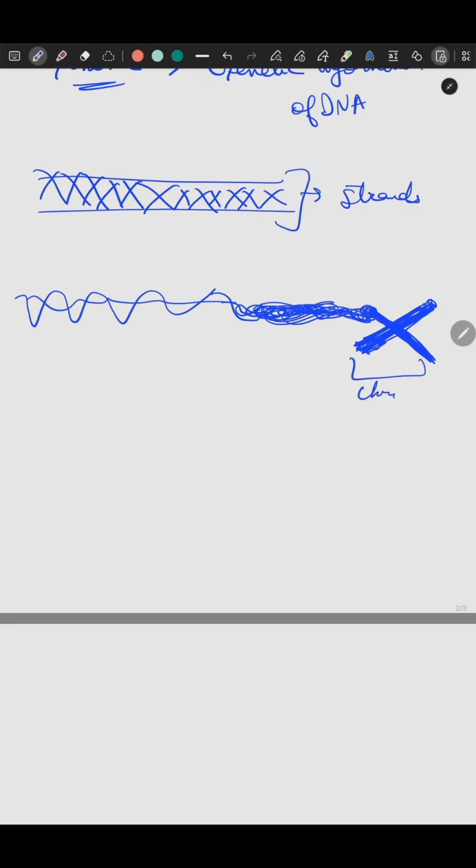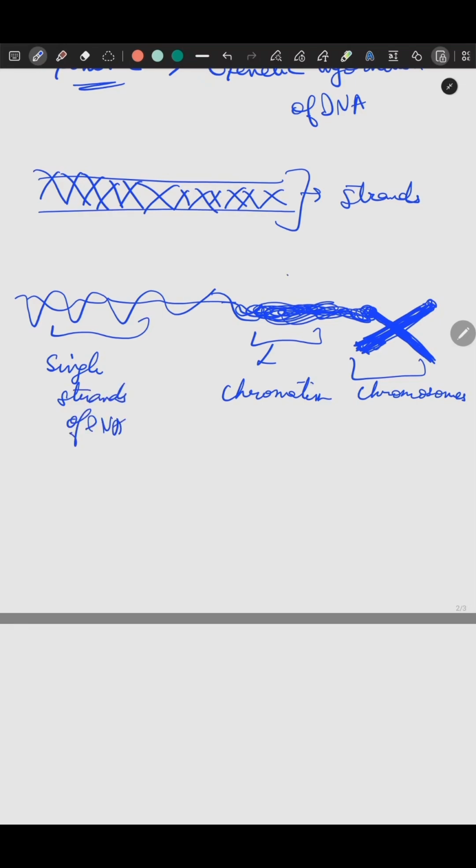We call it a chromosome. This material we call chromatin, that's the previous stage, and this is a single strand of DNA. Here multiple strands attach, and at last this forms.